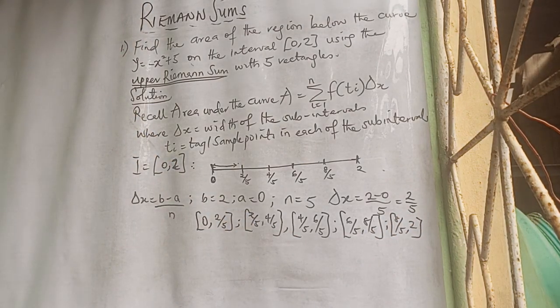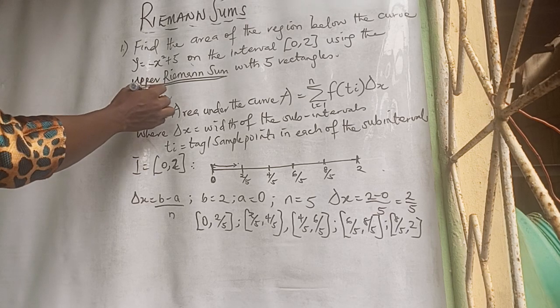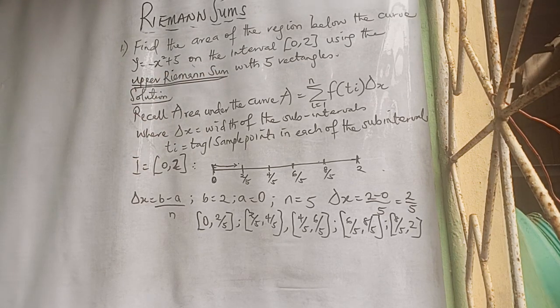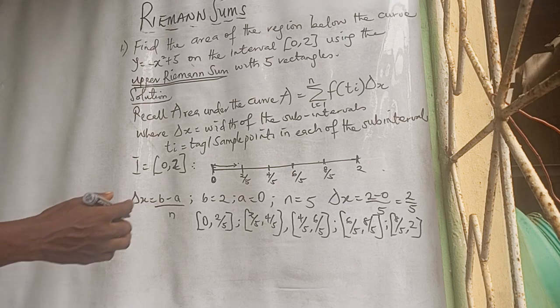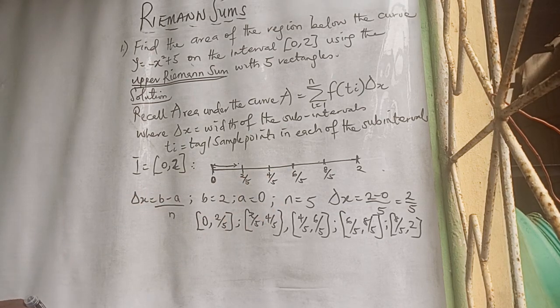If that is our subintervals, using the upper Riemann sum for this question means we want to take the right endpoint.